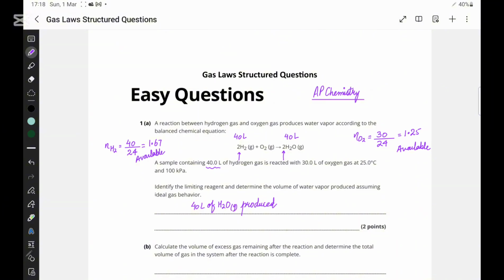So we have found the available mole of hydrogen, that is 1.67, and for oxygen is 1.25.